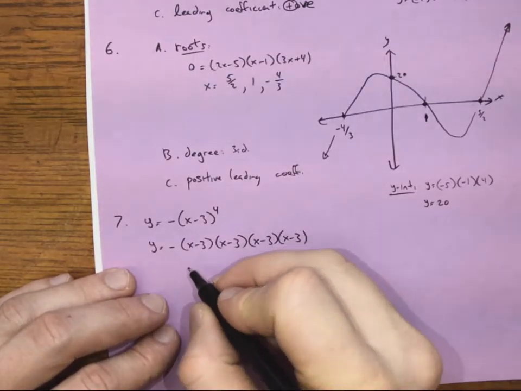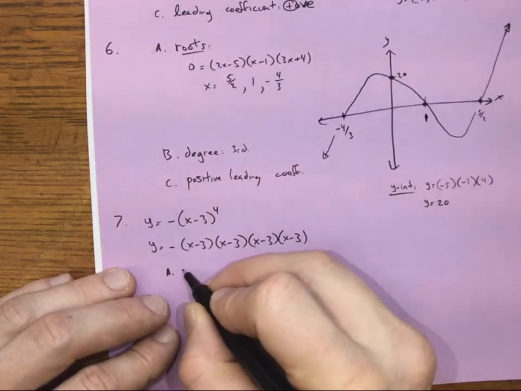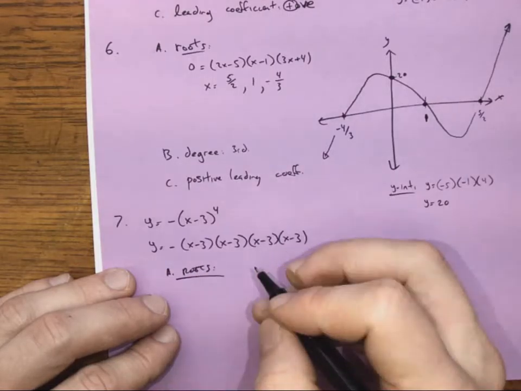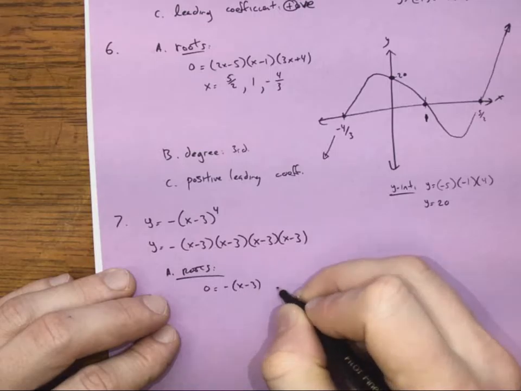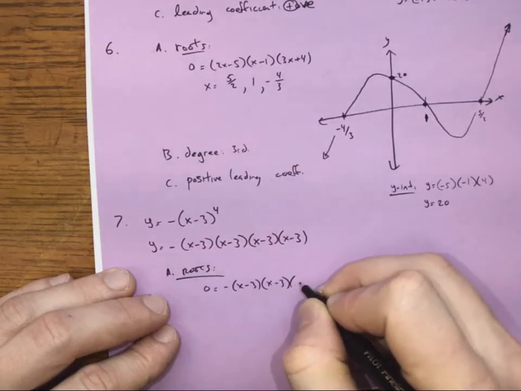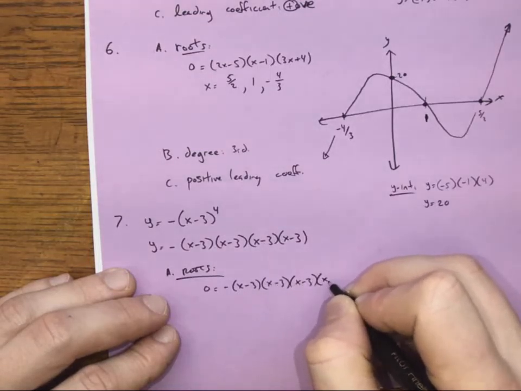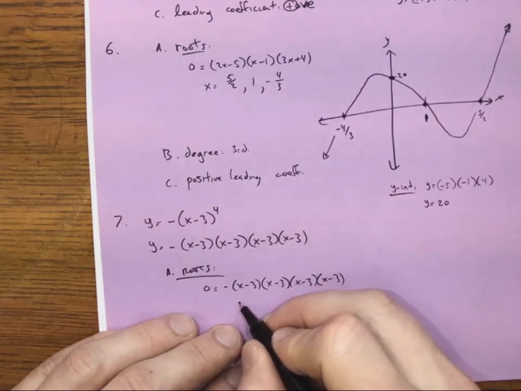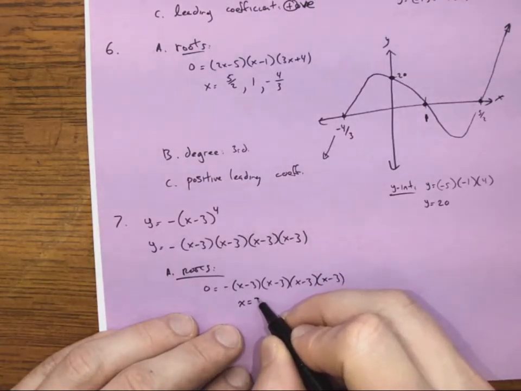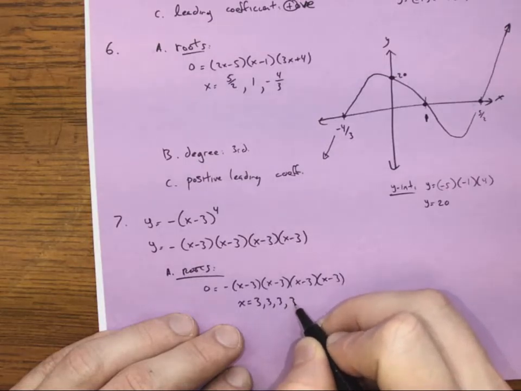Okay. So what are our roots? Well, that means we're looking at when 0 is equal to negative x minus 3 times x minus 3 times x minus 3 times x minus 3, which is to say that we get x values that are equal to 3, 3, 3, and 3.